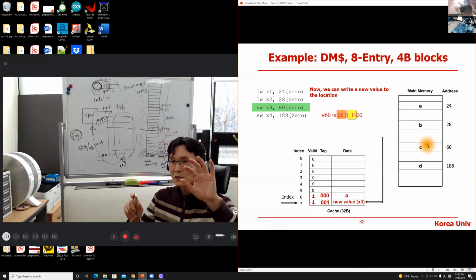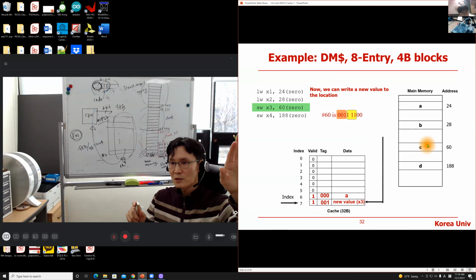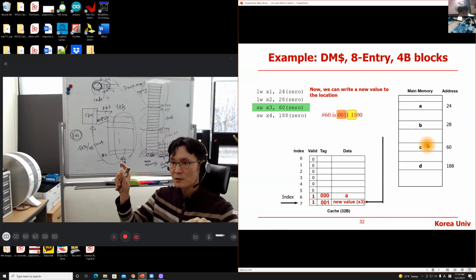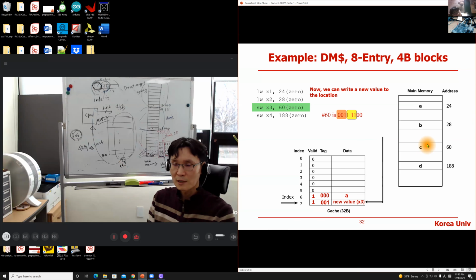Two choices. First choice, update only the cache. Second choice, update both cache and main memory. The bottom line is that the purpose of this instruction is to update main memory location 60 with that data.